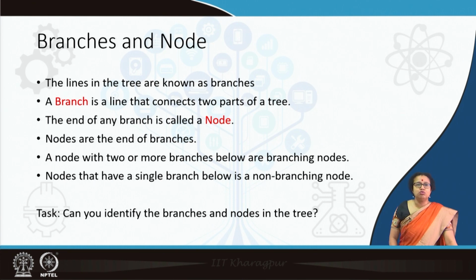A node with two or more branches below is a branching node, and a node that has a single branch below is a non-branching node. Now, I am asking you to figure out the branches and nodes in the tree that we have drawn previously. If you can go back to the tree and figure out simply which are the branches and nodes.